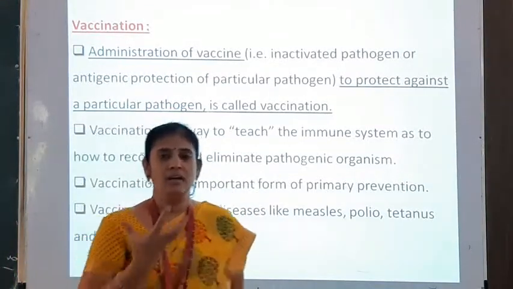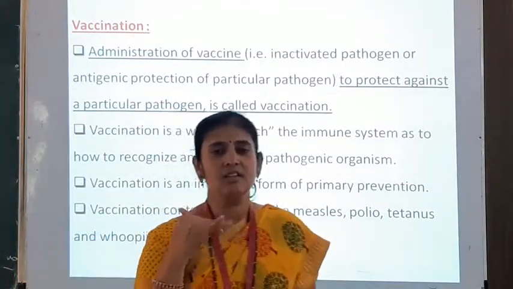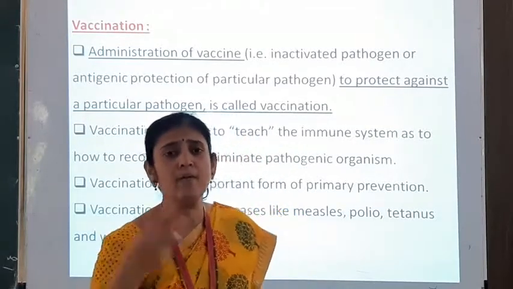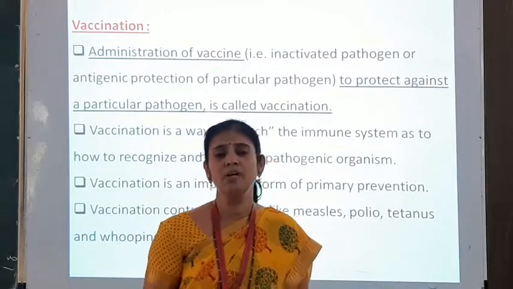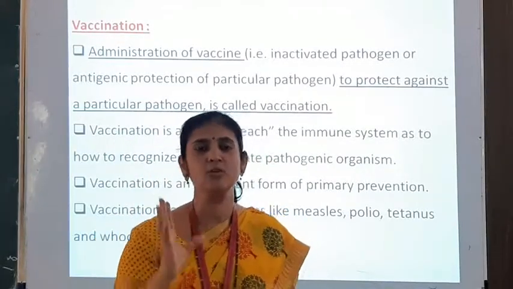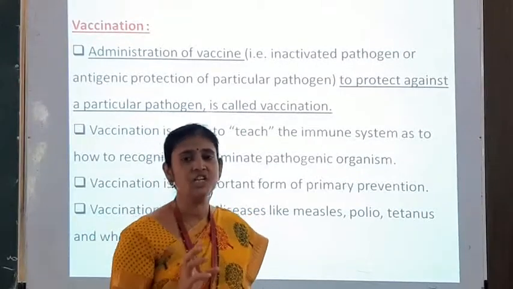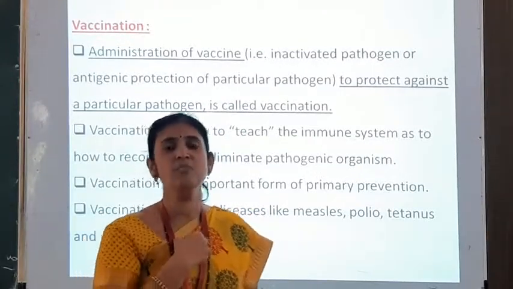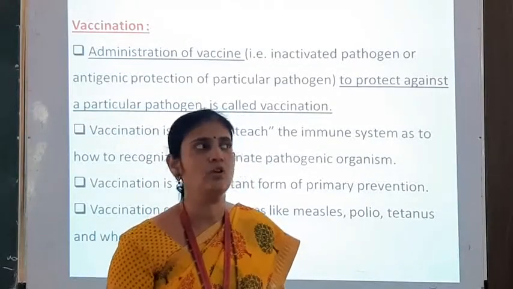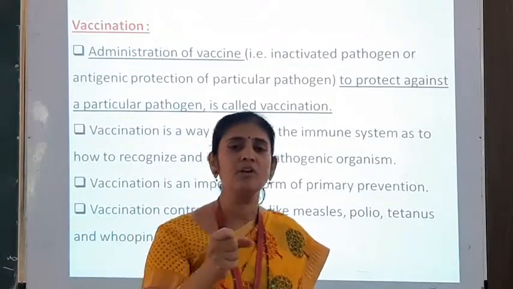Means what? After vaccination, the body gets an idea of how to develop an immune response to fight against a particular antigen or a particular pathogen. So vaccination is teaching our immune system how to fight against a particular pathogen or antigen.